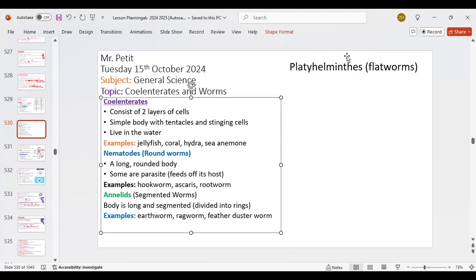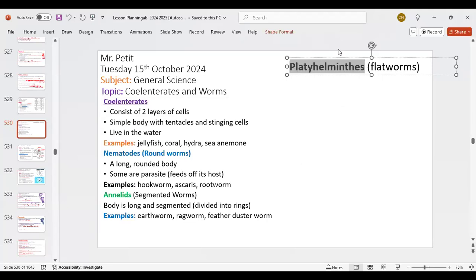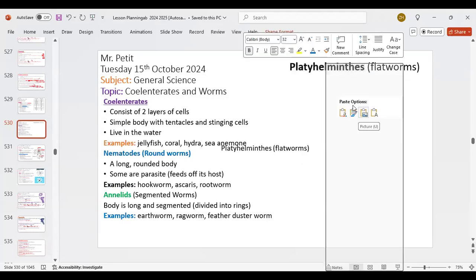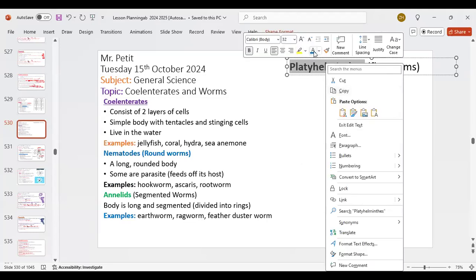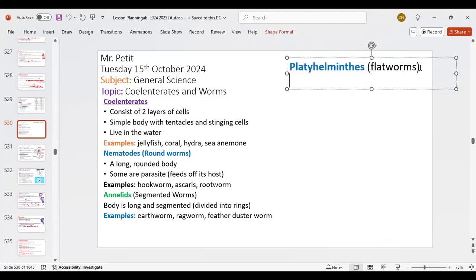These would be stuff like, someone mentioned, tapeworm, or planaria. These are your flatworms. Their body is long. How else would you describe their body? Long and what? Flat. Long and flat, yes. Flat, like a ruler.